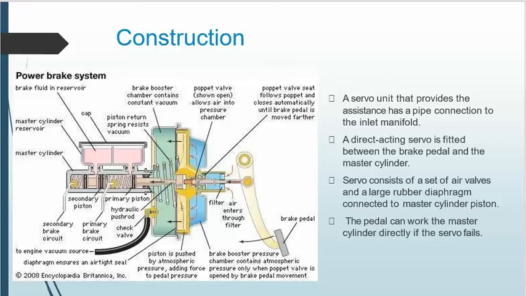Now this is the construction of the power brake system. Let's discuss its construction. A power assisted brake system for a vehicle comprises a brake master cylinder having a chamber which is hydraulically connected to the wheel brake cylinder for braking a wheel of the vehicle.